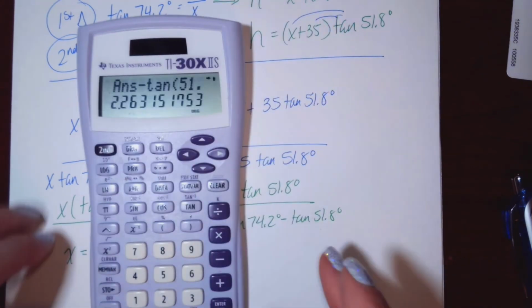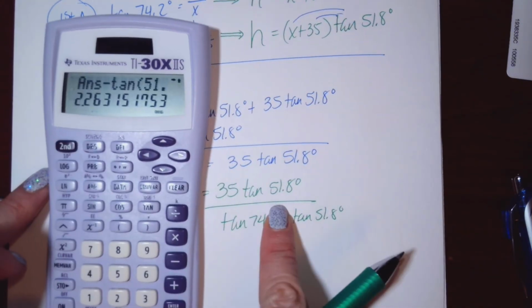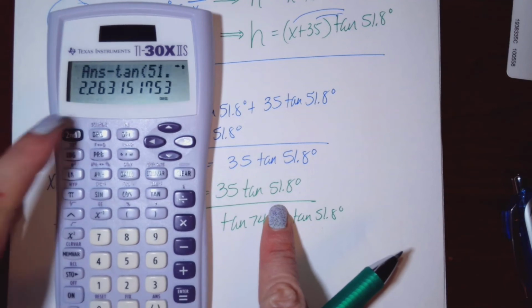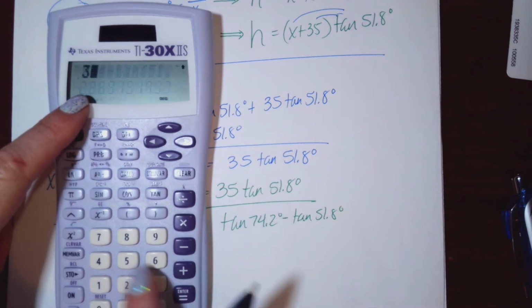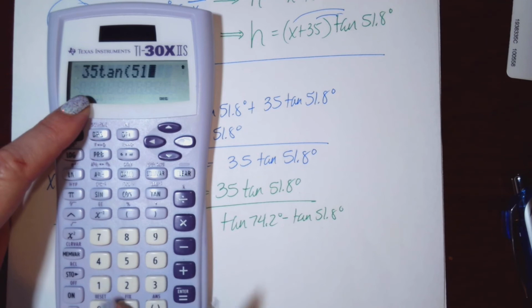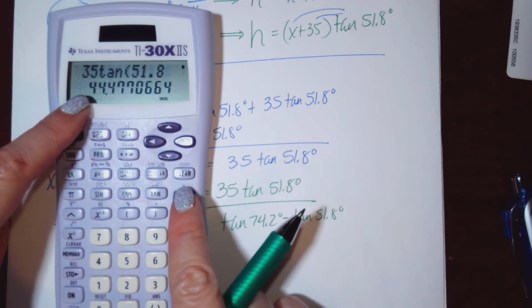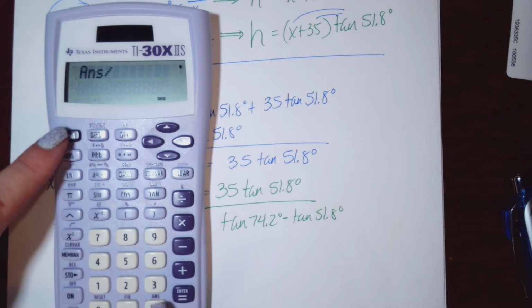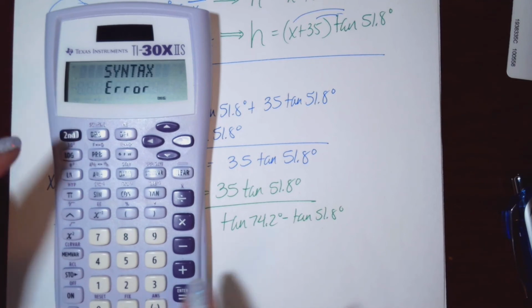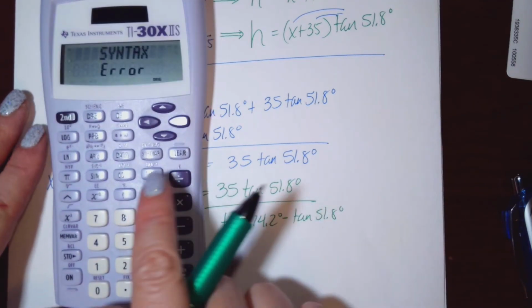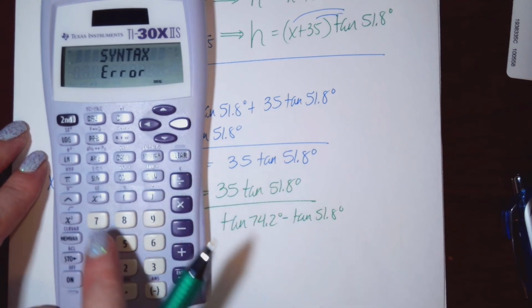My numerator would be 35 times the tangent of 51.8. I'm going to hit enter and then divide that. That second answer function is not going to bring up what I wanted it to bring up because of that enter. I shouldn't have hit enter. That's going to mess me up. Yep. Okay. So let me plug that in again, guys.